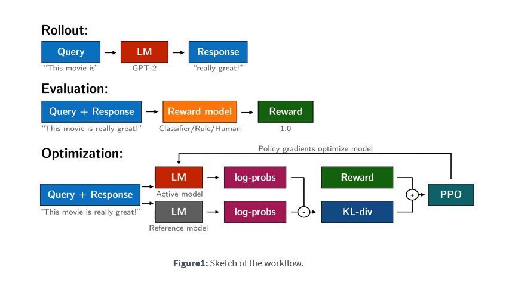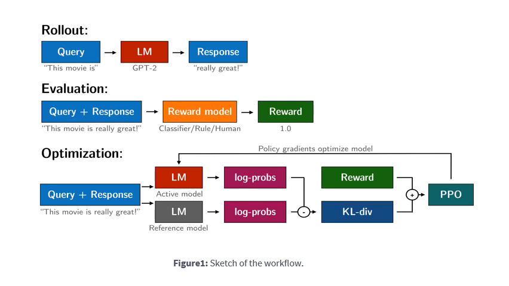We provide query plus response as the input to the reference model. This reference model is the initial model that we used in the first step of our work, and this active model we obtain after supervised fine tuning, and we work on this and call it the active model. The idea is that after providing input and receiving feedback, it generates the log probability. But what is this log probability?